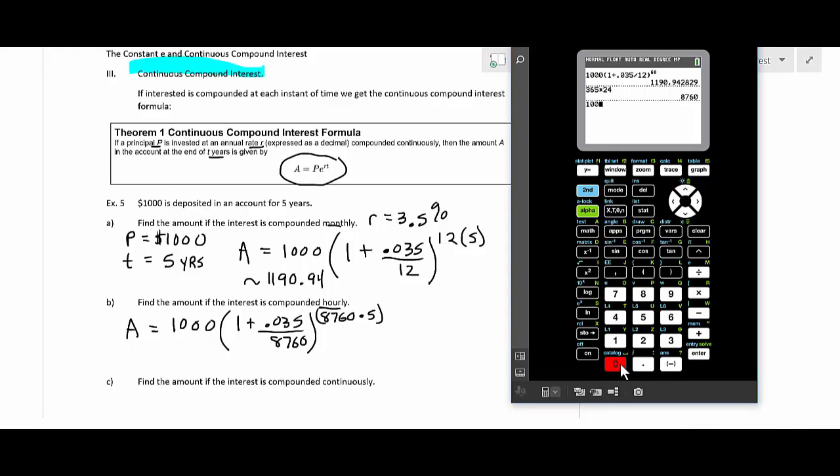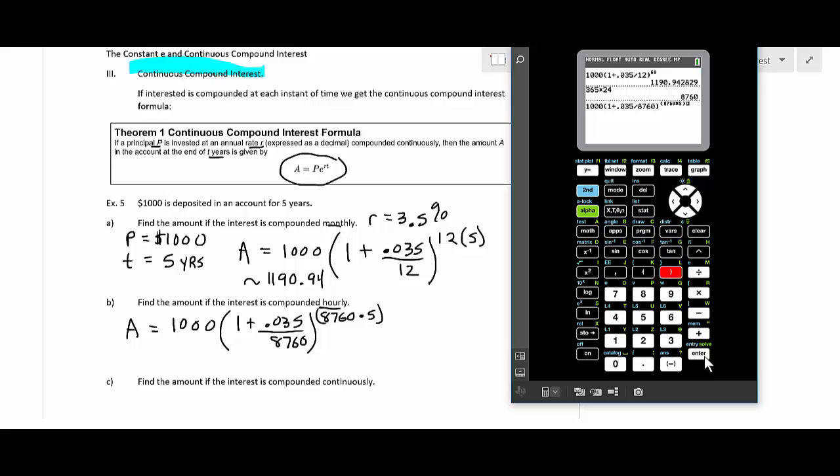Is this answer going to be bigger than the previous answer, or smaller? It's going to be bigger, and they are going to be close because you're doing interest more often. So 1 plus 0.035 divided by 8,760, and I'm going to put the exponent in a parenthesis, 8,760 times 5, so the calculator does everything in one step.